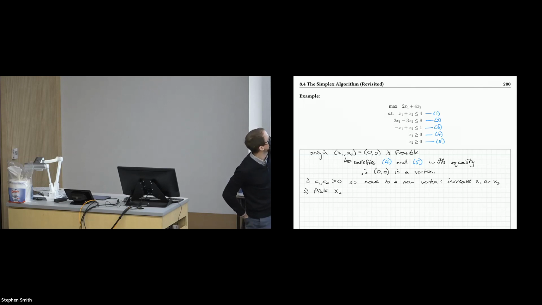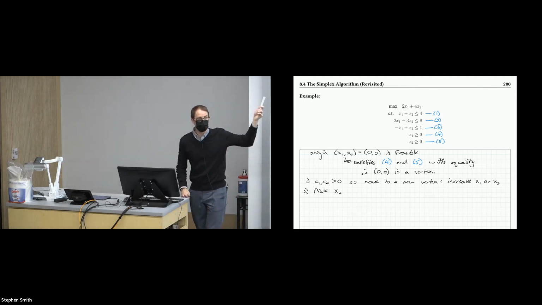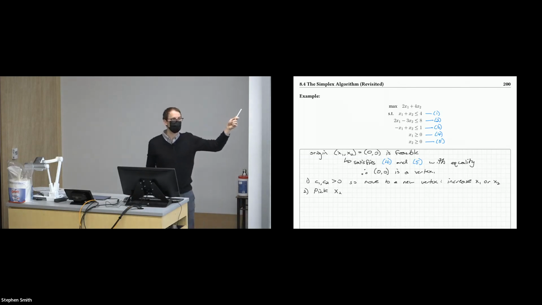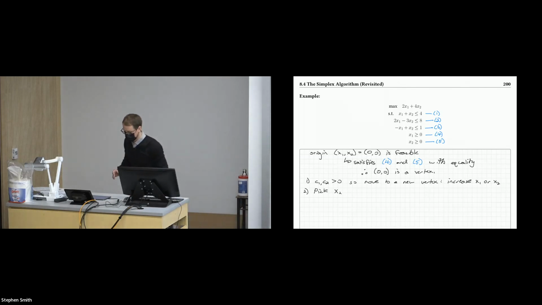So really we're just looking at x2 has to be less than or equal to 4. x2 has to be less than or equal to, well, that's a negative in front, so it actually has to be greater than or equal to negative 8/3 or something, which isn't telling you anything. And then the last one says x2 has to be less than or equal to 1. So we increase it until constraint 3 becomes active at x2 equals 1.